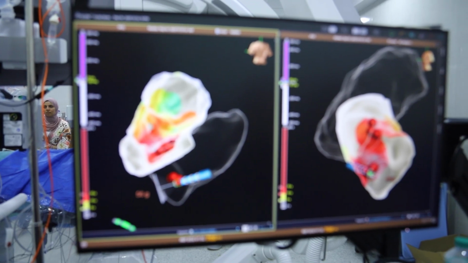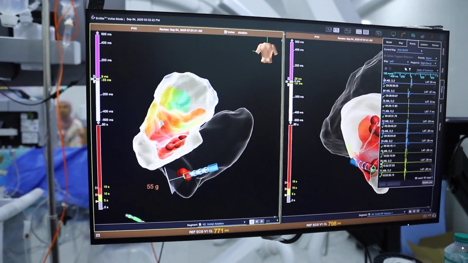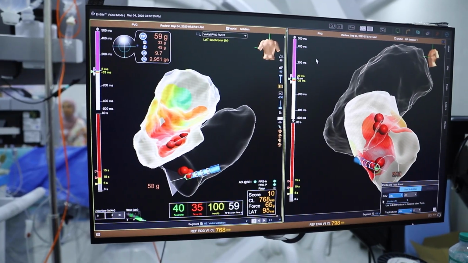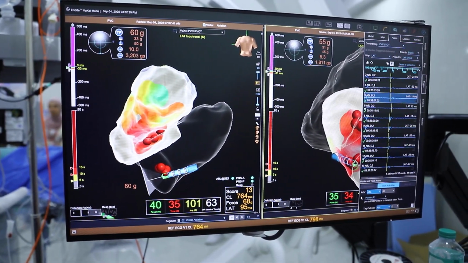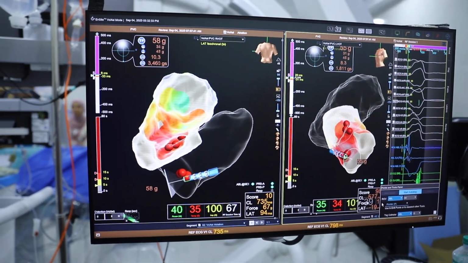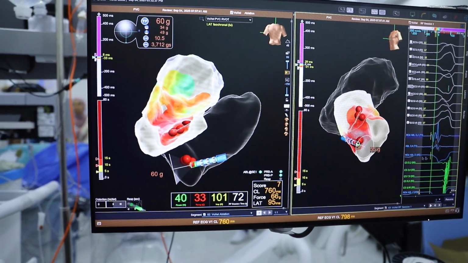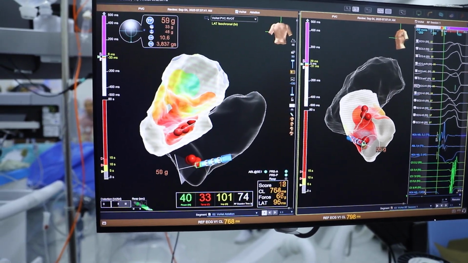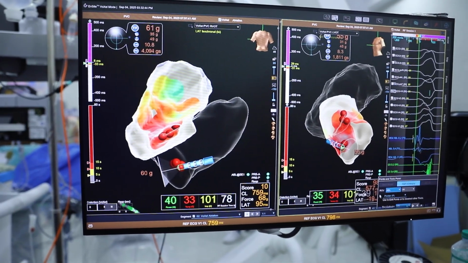Show us the best signal, how it looked. Let me show you. That was the signal, beautiful as well. Also we have a negative unipolar deflection. It's early, around 20 milliseconds early as well.